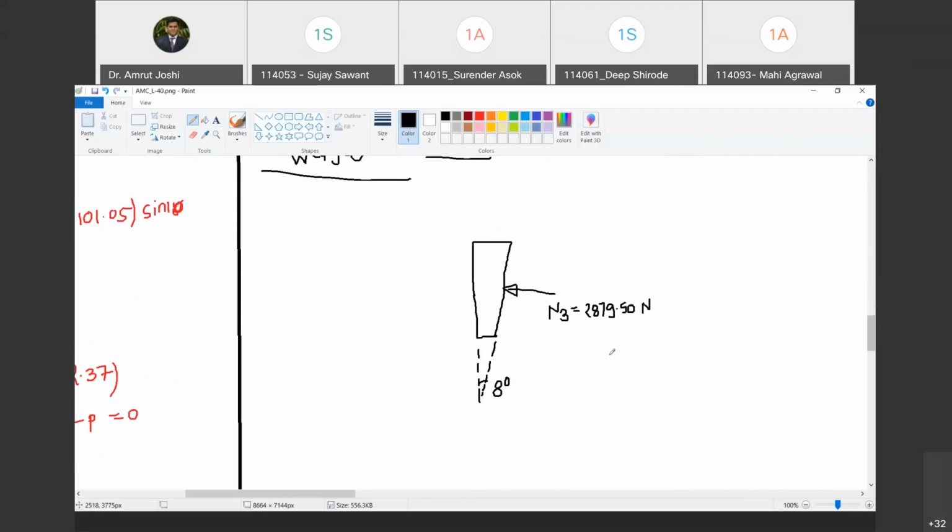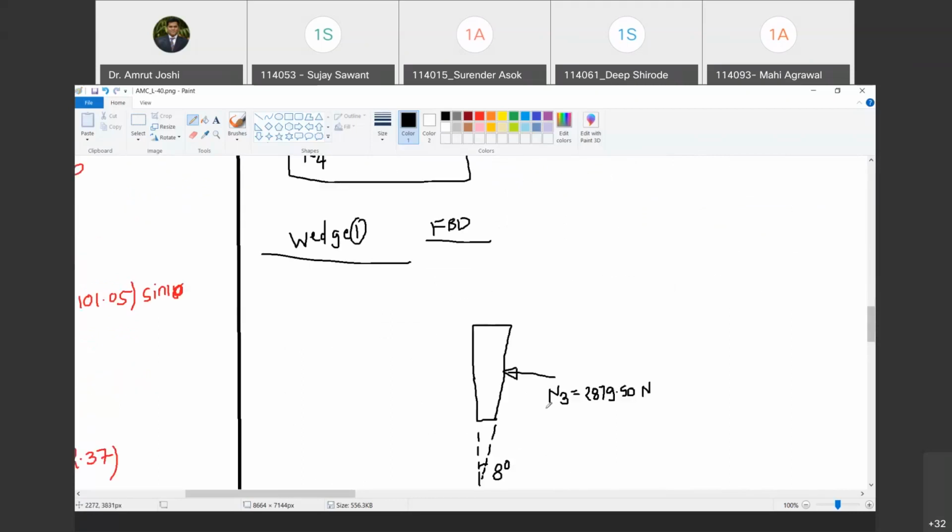Happy? Yes, sir. And what is the angle that it makes with horizontal? 8 degrees. Why? Because the angle made by this surface with vertical is 8 degree. The angle made by normal to this surface with normal to vertical, that is horizontal, is 8 degree.